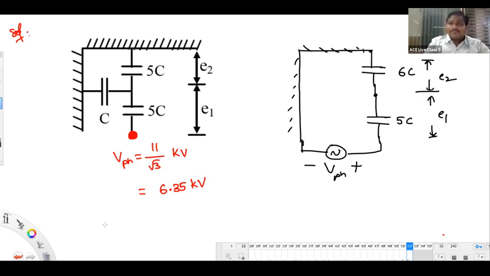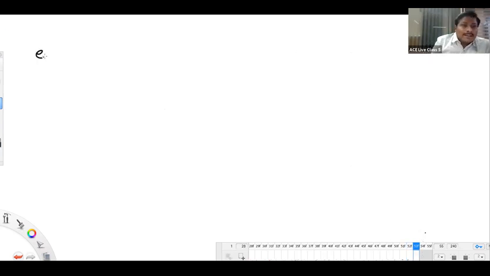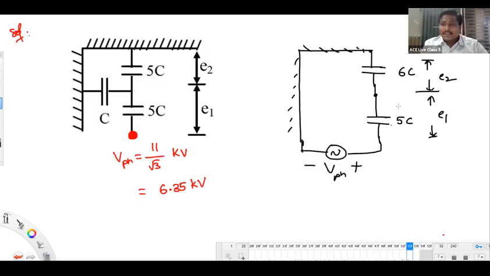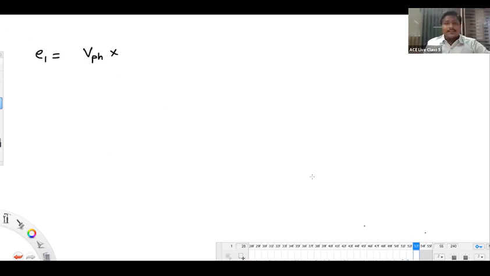Yes or no? But capacitors voltage division, you should be very careful about it. For example, if you calculate the E1 value, it is V phase into 6C by 6C plus 5C.